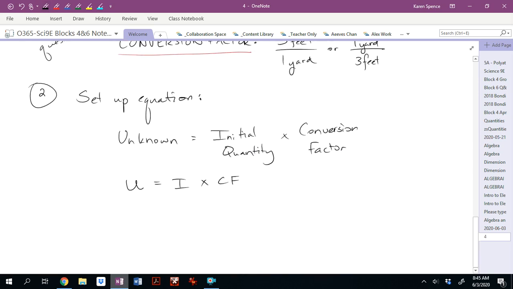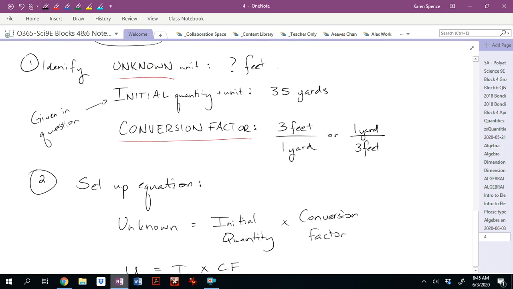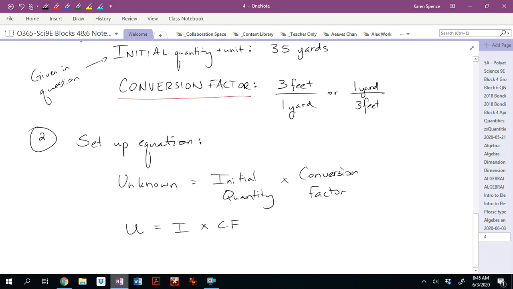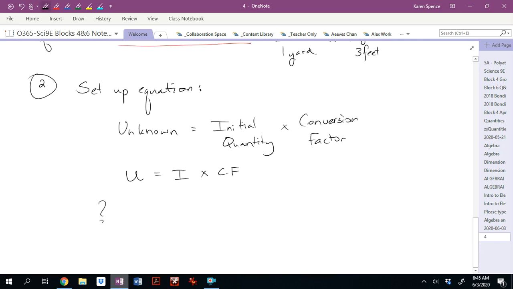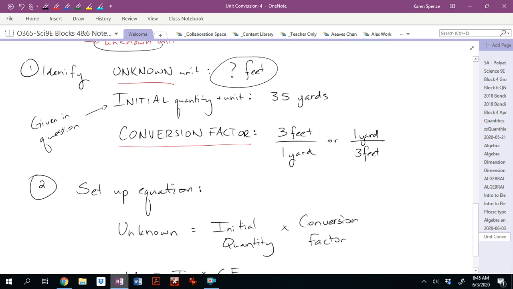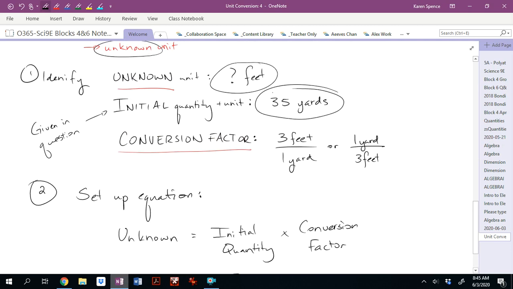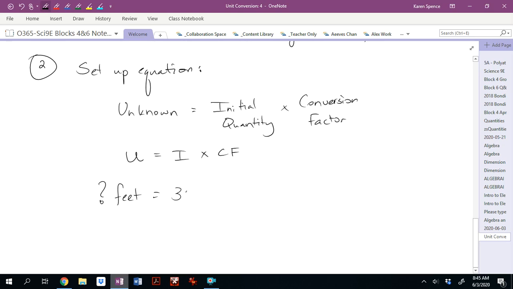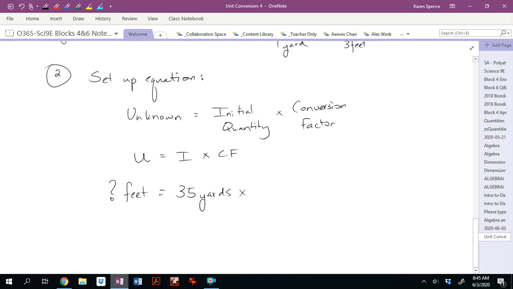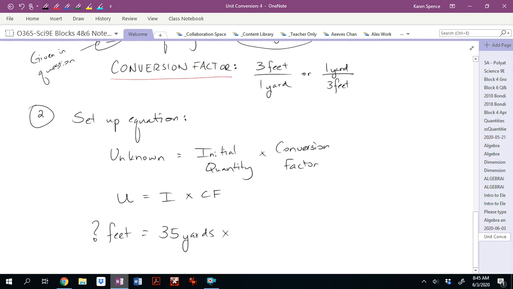So I'm going to say how many feet is equal to our initial quantity. That was 35 yards. That's our initial quantity, 35 yards.